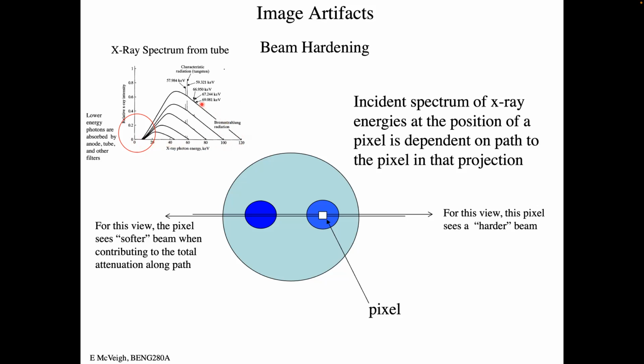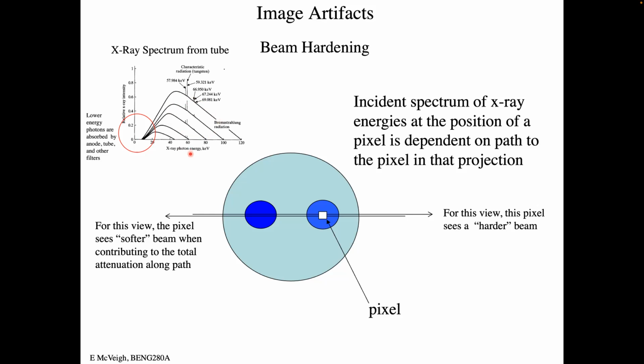This is the relative number of photons that have been produced. You can see that they drop off to 0 at the low energy photons, and that is because we've put a piece of aluminum or a thin strip of copper below the X-ray tube to get rid of those very low energy X-rays, because the only thing they would do is deposit ionizing radiation into the patient. They would not cast a shadow. All of these can cast a shadow, right?